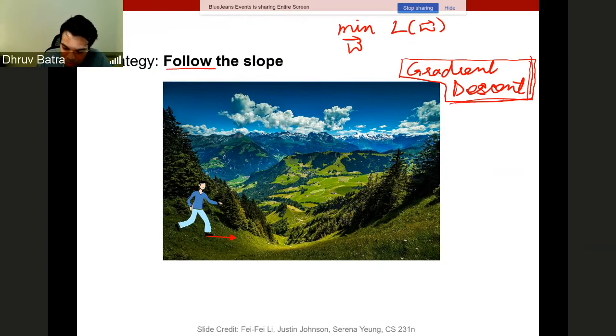The algorithm follows this simple intuition that we can visualize this L of W. It is a function of lots of variables, but we can visualize it as a landscape, and any particular point that we're at is a particular W. And if we could only follow this landscape down, we could find our way to a local optimum solution. L of W typically is not going to be convex, but we can at least find a locally optimal solution.